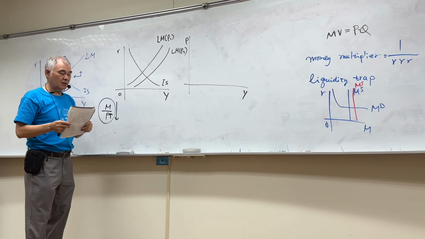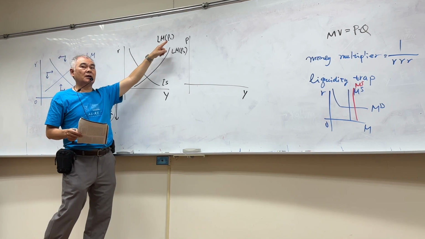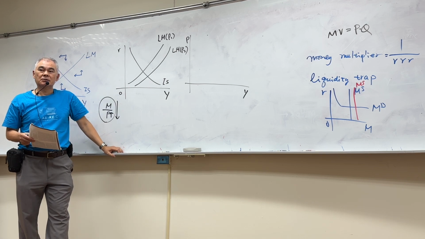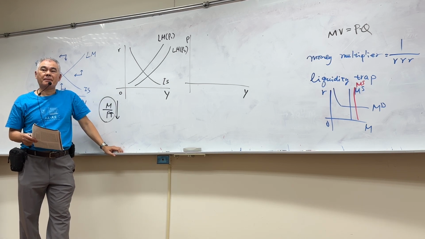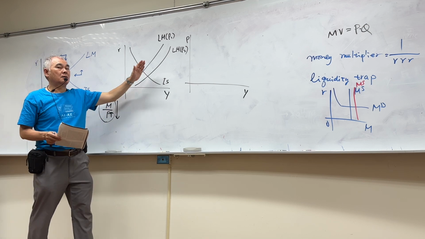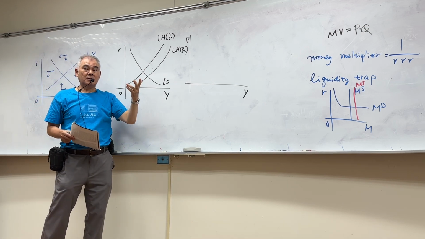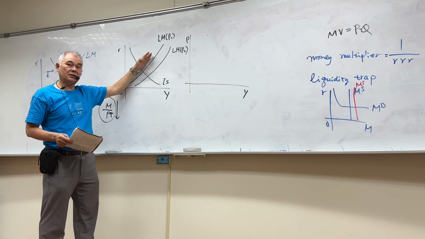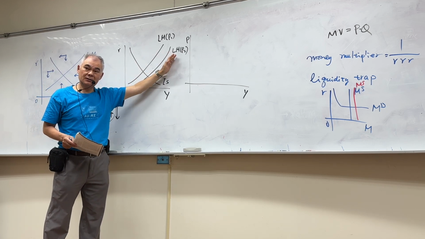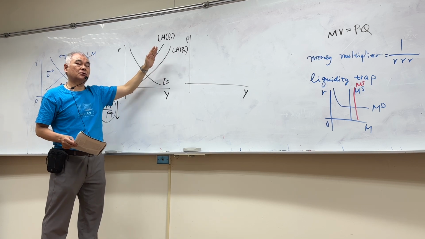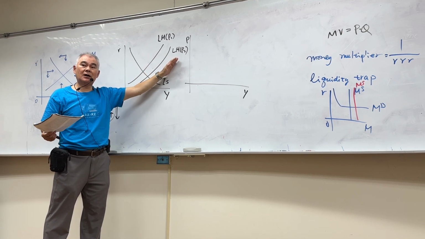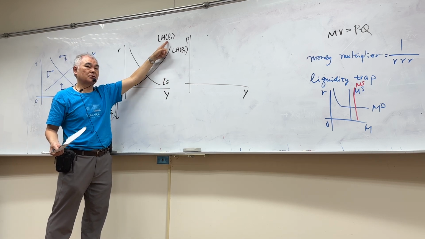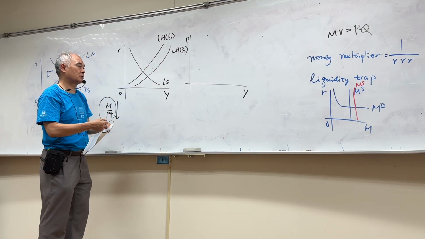So, in this case, P1 and P2, right? Which one is larger? This one is here, and this one is to the right, right? If it is to the right, it means you have an increase in money supply. So what is the relationship between P1 and P2?